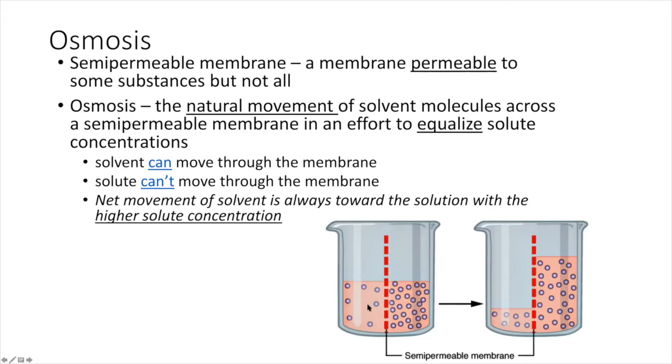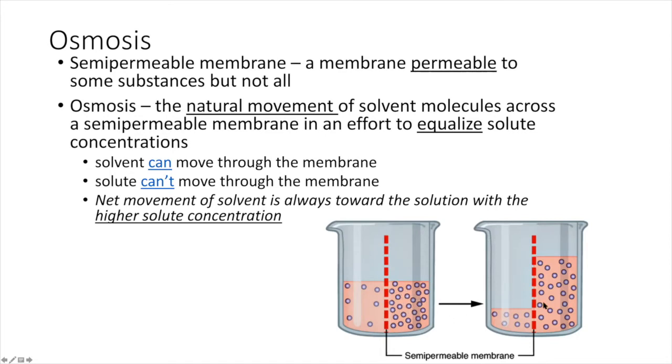So again, nature doesn't like this difference in concentration, so it's going to do something to try and equalize them. And so since there is a higher concentration of solute molecules over here on the right, and I've got some quote unquote extra solvent on the left, it's going to push the solvent molecules through those pores in the semi-permeable membrane in order to dilute the solute concentration on the right.